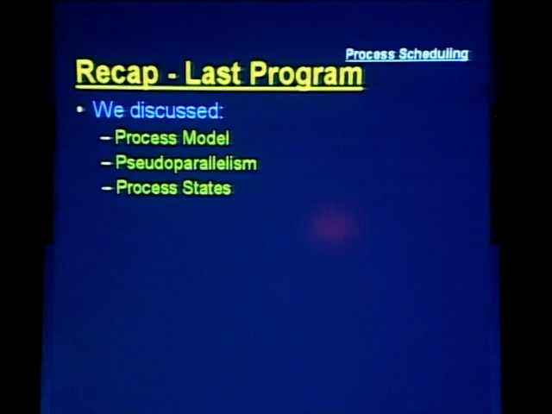Although it seems that there are a number of things happening, actually one process is being worked out by the processor, and we call that concept a pseudo-parallelism concept. We also covered the process states, and we learned that there are 3 process states normally: a running process, which is actually using CPU time, a runnable, or blocked.